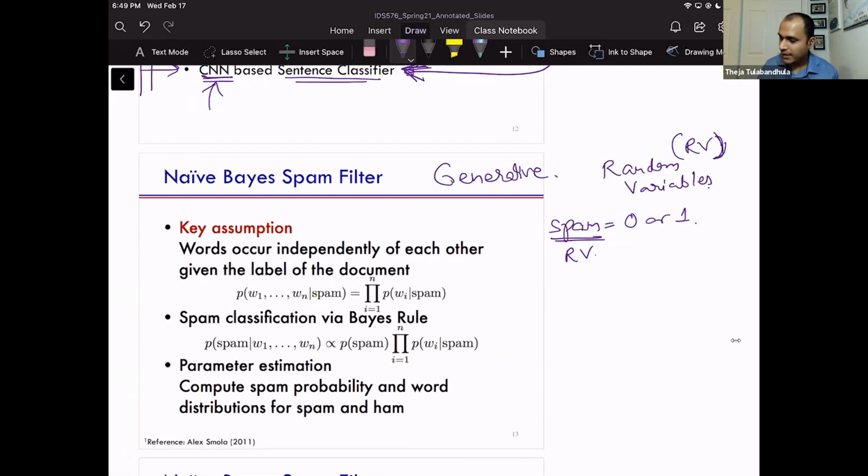And similarly, for the input, let's say we have a vocabulary size of 1,000. We only have 1,000 words in our whole dictionary.